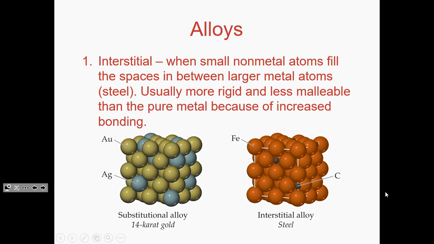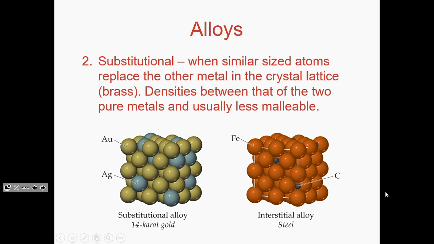And it then ends up changing the bonding fundamentally just a little bit. So the properties of steel are similar to, but different enough that it's useful to put that carbon in there to make steel. So we can strengthen and lower the malleability of the iron by blending it with carbon.